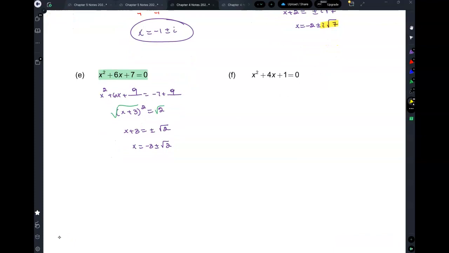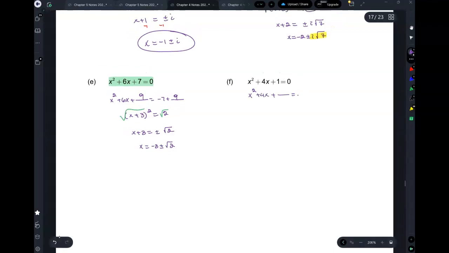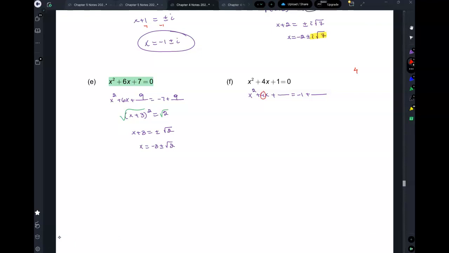Okay, should we do F? Let's do F. So x squared plus 4x plus a number equals negative 1 plus a number. Okay, so you take this, you divide by 2, then you square, and that does give you 4.